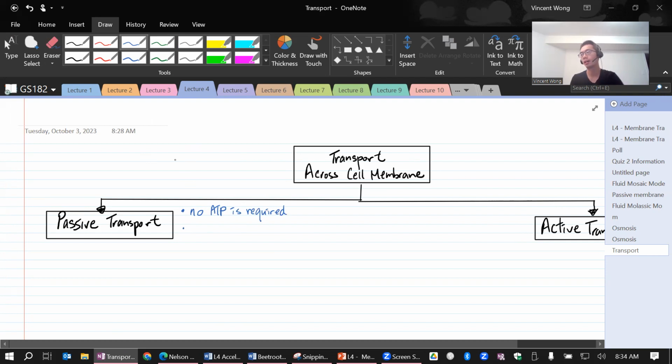And in terms of the direction of the transport, it is going from high concentration to low concentration.